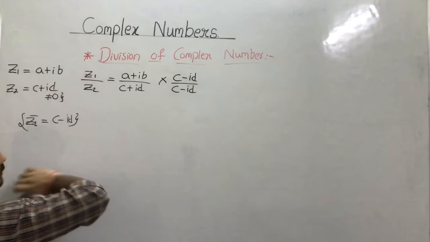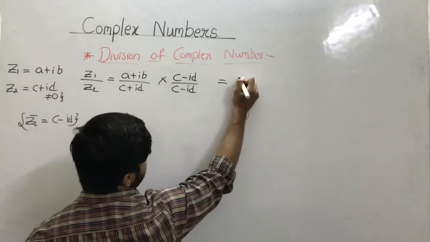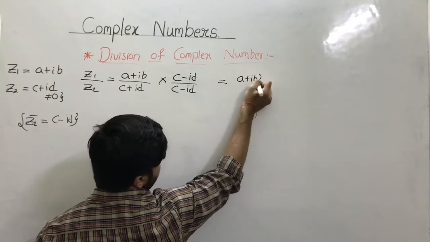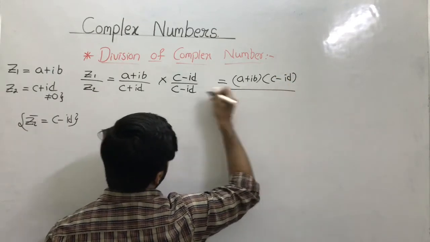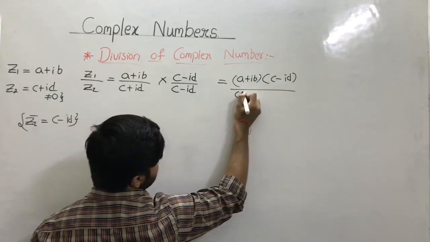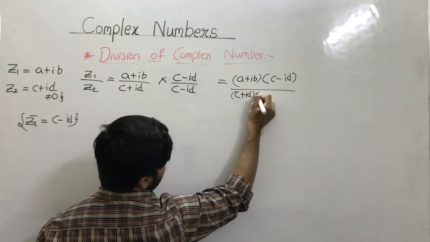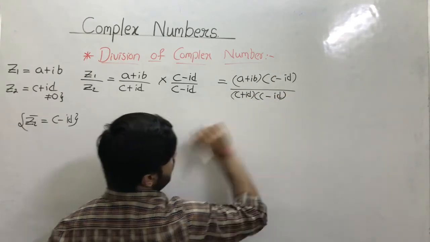Now we just have to solve this. So this will be (a plus ib) in bracket (c minus id) upon (c plus id) into (c minus id).